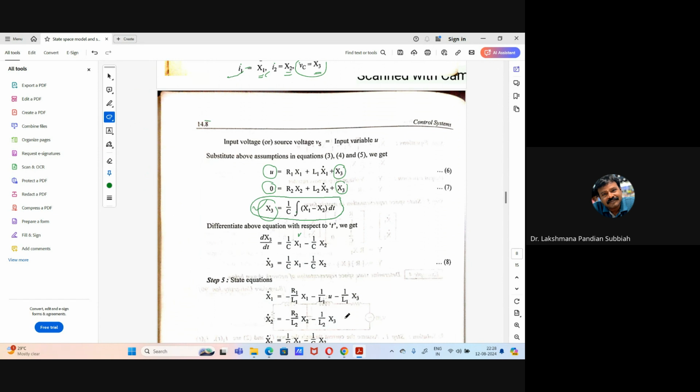Now you have to take the state equations. dI1 by dt is x1 dot, and dI2 by dt is x2 dot. How do you get dI1 by dt?